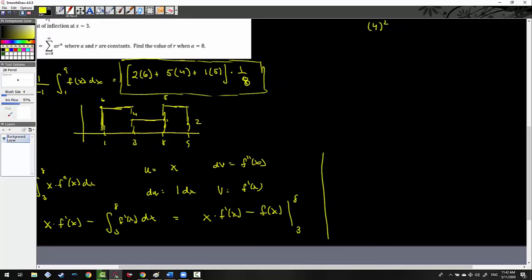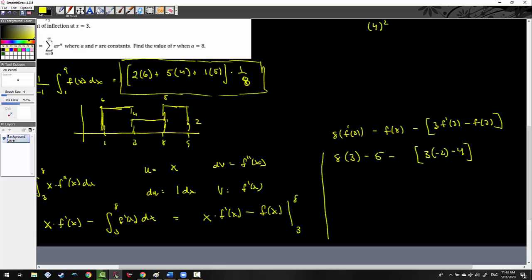So it looks like I'm going to get 8 times 3 minus 5 minus 3 times negative 2 minus 4. And again, that just happened when I plugged in all of my values. So remember, x becomes 8. This is really 8 times f prime of 8, minus f of 8, minus 3 times f prime of 3 minus f of 3. And that's where all of those values came from.